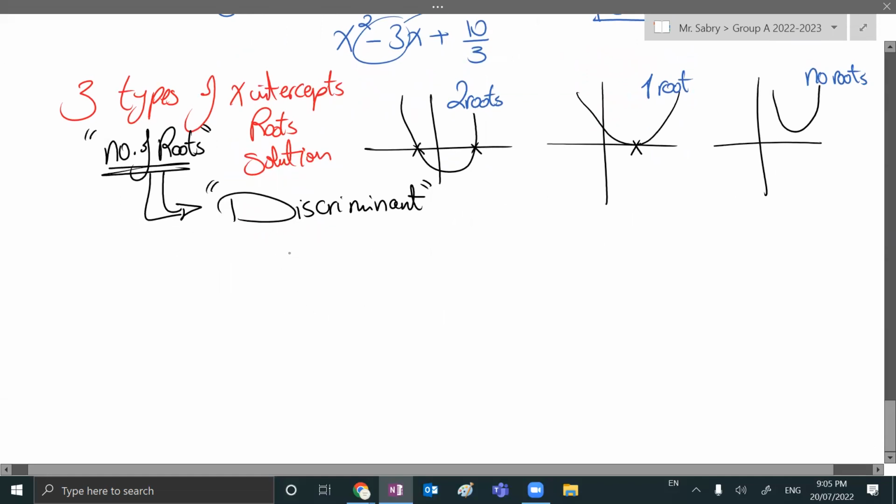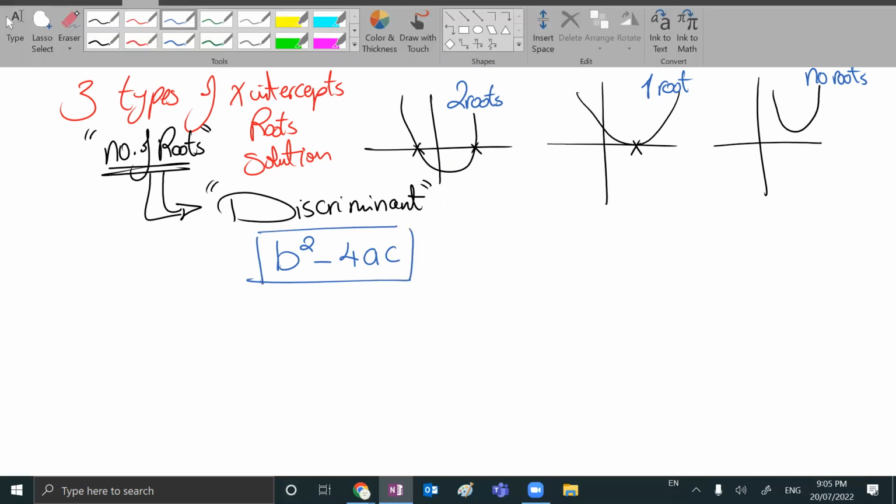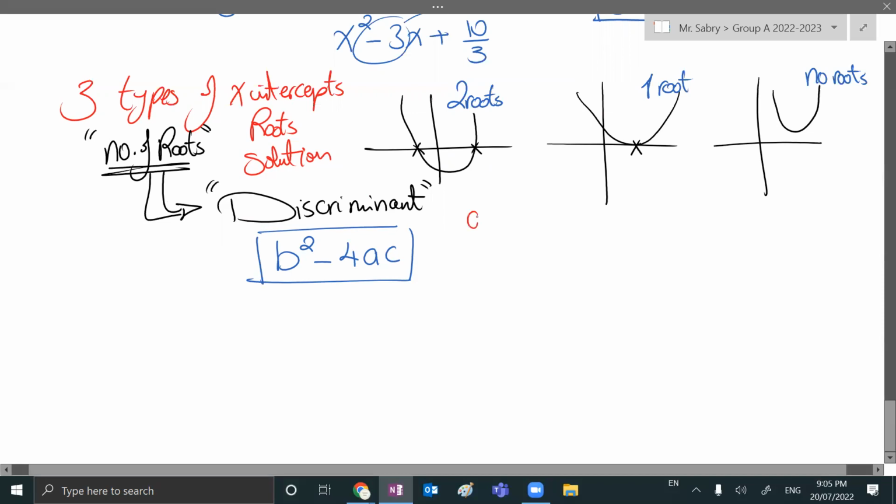So what's the discriminant? The discriminant is b power 2 minus 4ac. So you remember the standard form, ax squared plus bx plus c equals 0. If you would like to know the number of roots of any equation or function written in this form, just do b power 2 minus 4ac, and then check the result.